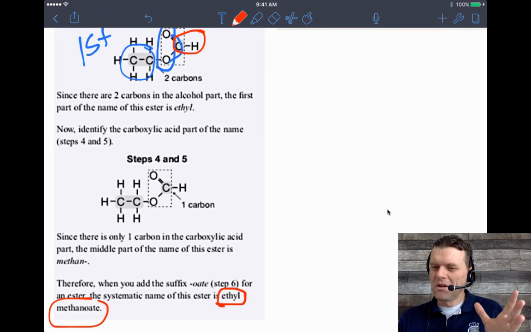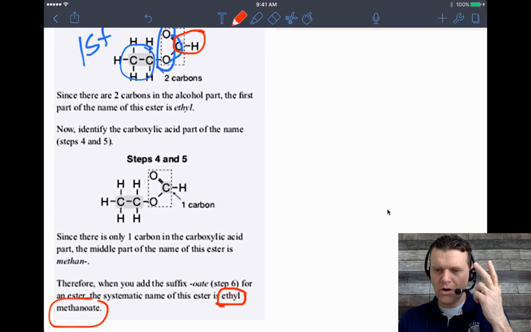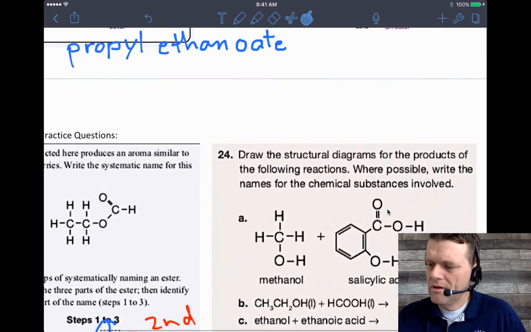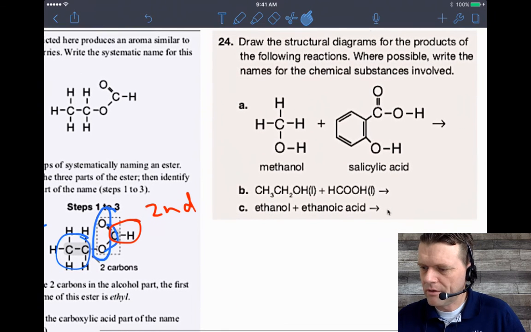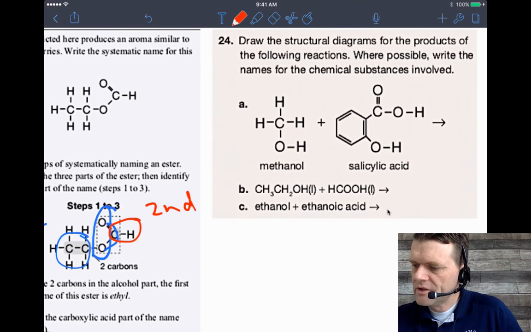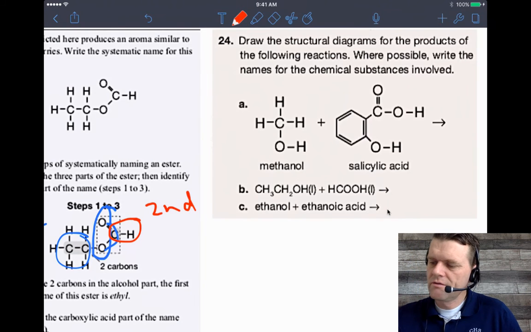So really you're looking for either ol, which is alcohol, oic acid, which would be a carboxylic acid, or oate, which is the ester. I think you guys can follow that as you work through it. So let's just end on 24. It says draw the structural drawings for the reaction, and where possible, write the names.